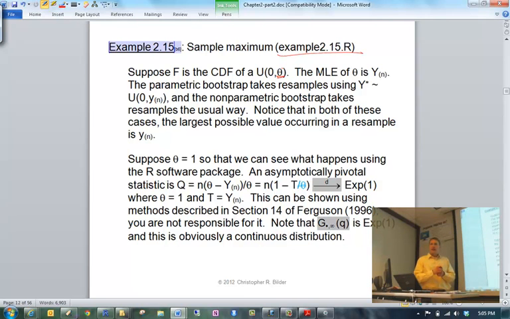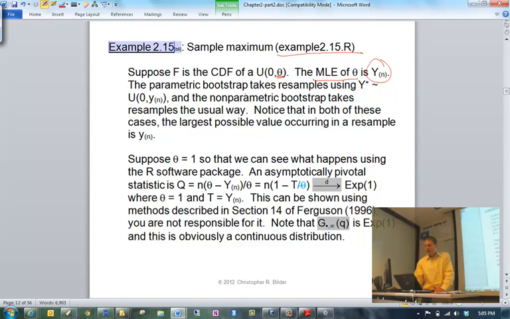A very common exercise is to find the MLE of theta, and it ends up being the nth order statistic. Does that look familiar? Some people saying yes. I would assume that those who are not saying yes just don't want to move their head up and down.